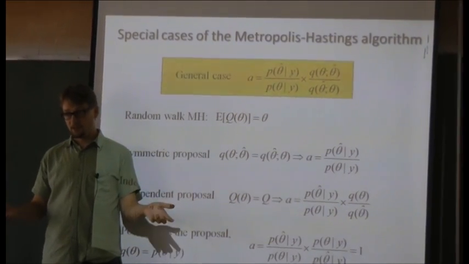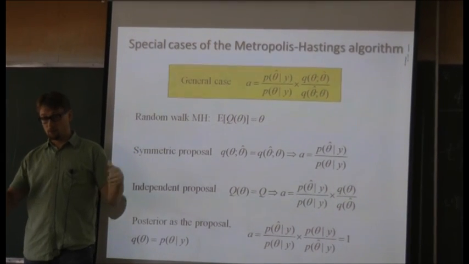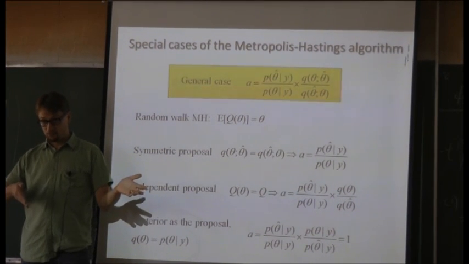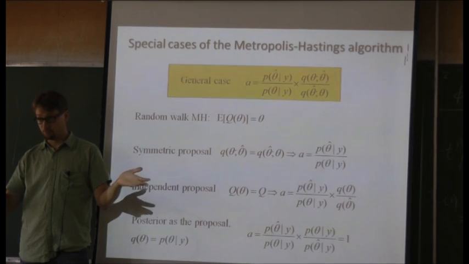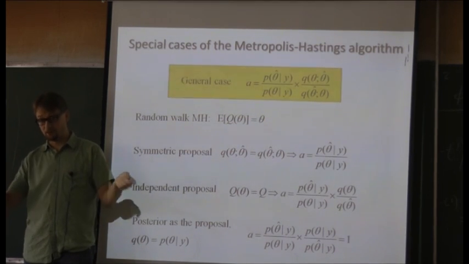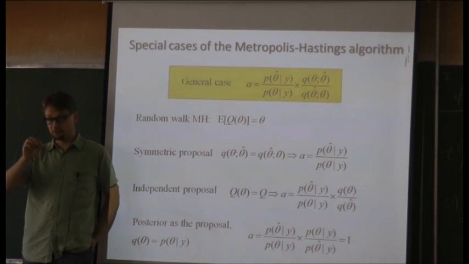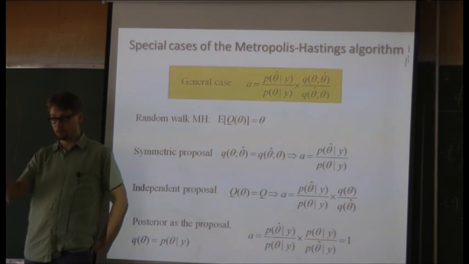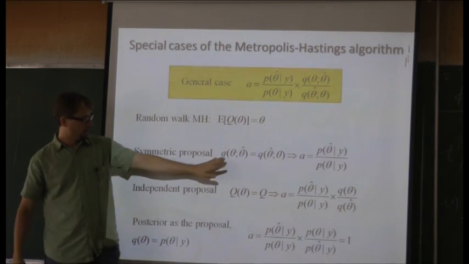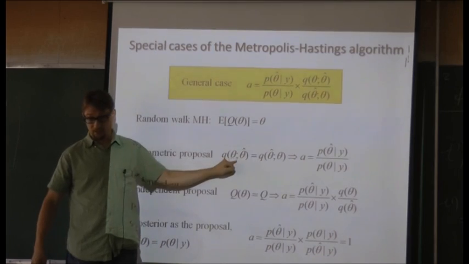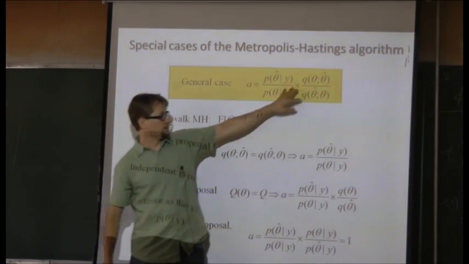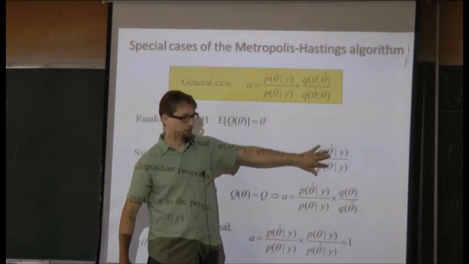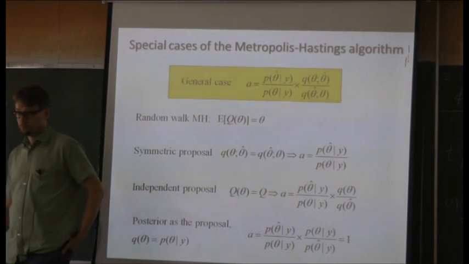Let's say that the new value is normally distributed around the present value with some variance. That's one way to propose new values. This is symmetric. Then it's exactly the same probability of jumping from here to there as vice versa. So these two densities are the same. If that's the case, then this part cancels out and you simply have the ratio of the likelihoods.